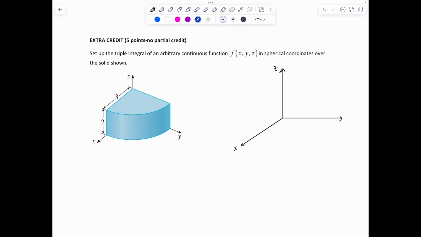X, Z, Y. The height is 2, and the radius is 3. Something like that, yes? Okay.